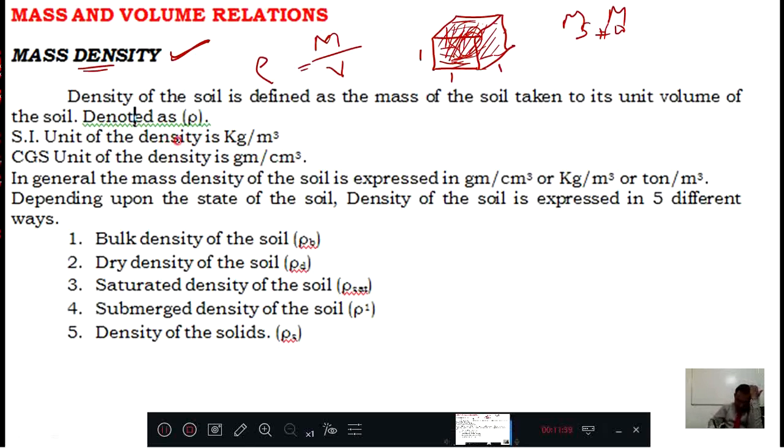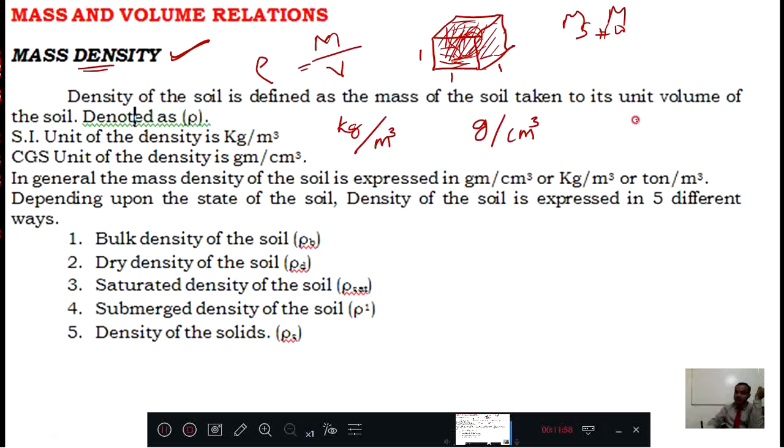Now here, it can be denoted as kg of soil occupied in a particular meter cube volume. Or otherwise you can measure in terms of gram and cm cube.